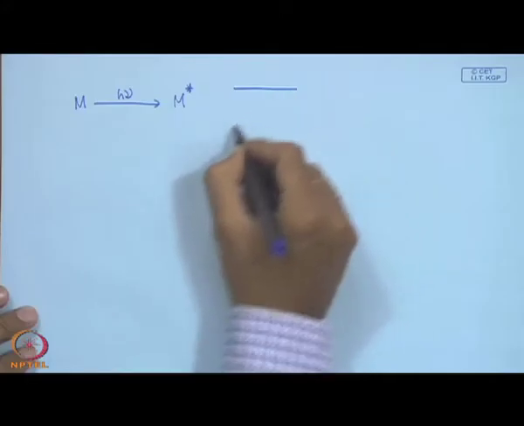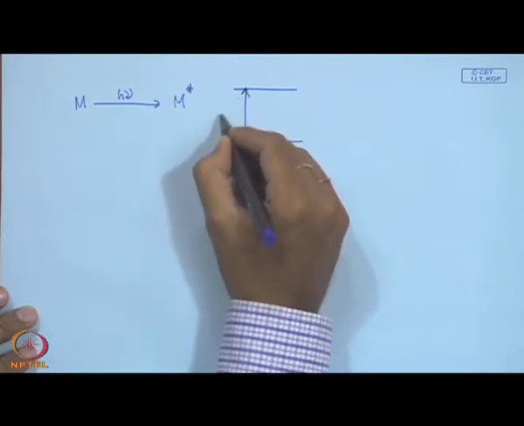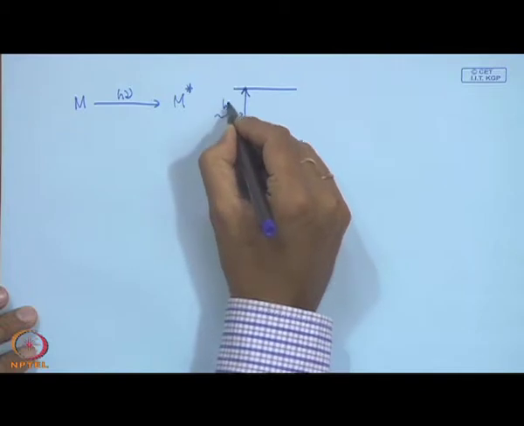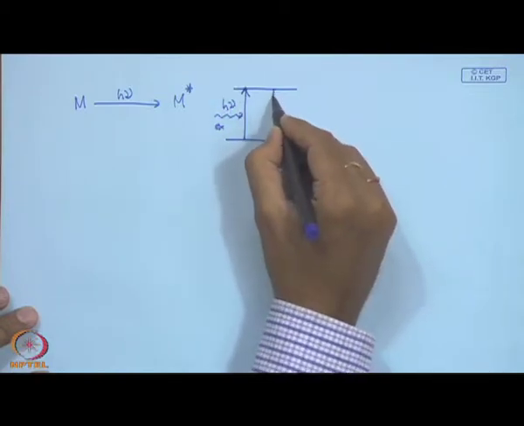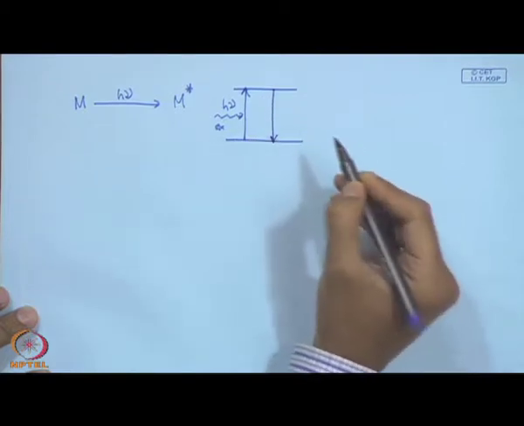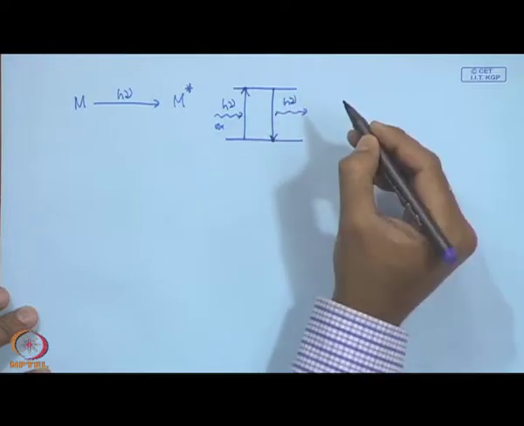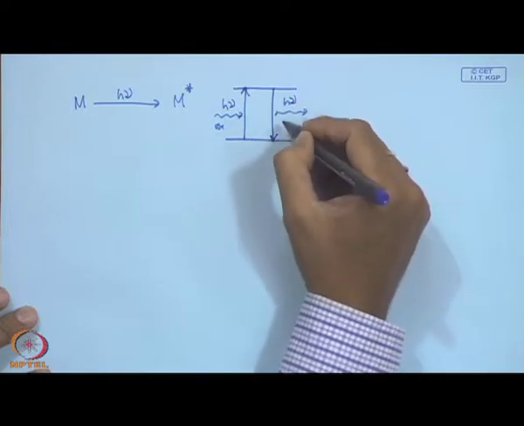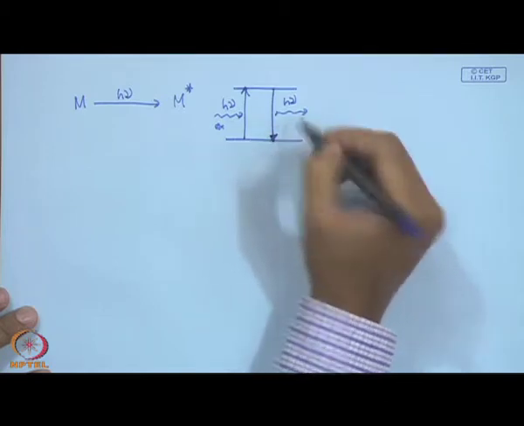So, you excited it, this is called your excitation. Then it comes back. Maybe it is giving rise to some radiation. It relaxes to the lower level, giving rise to some radiation.